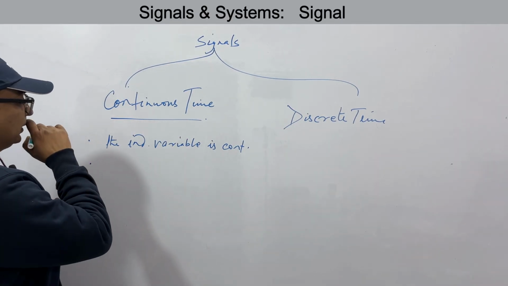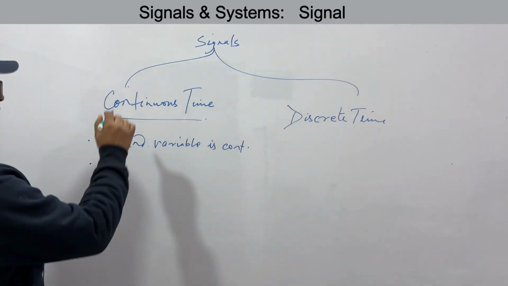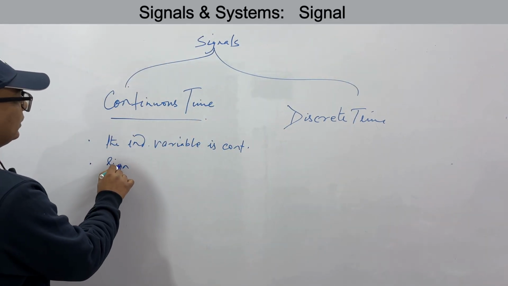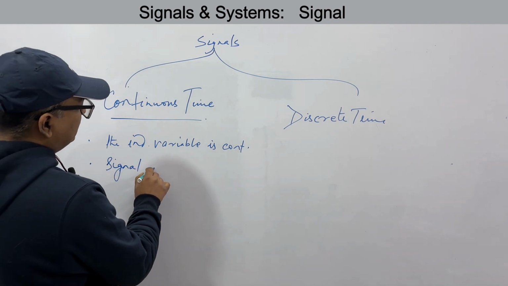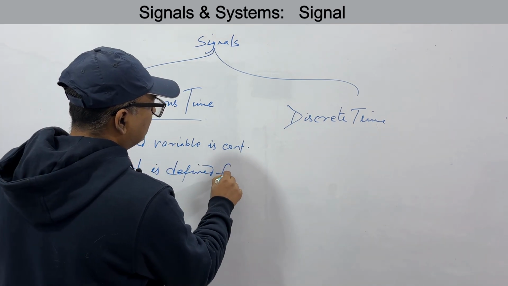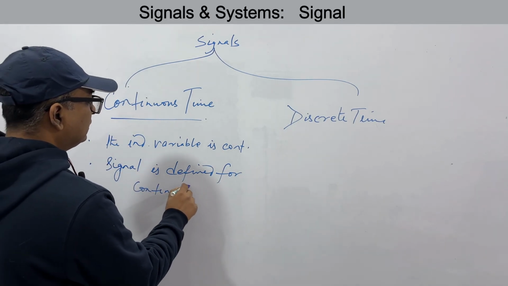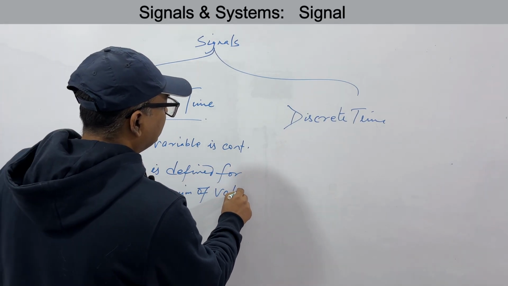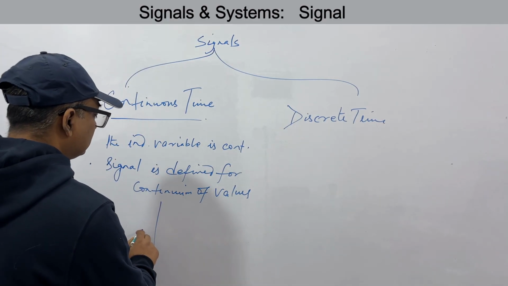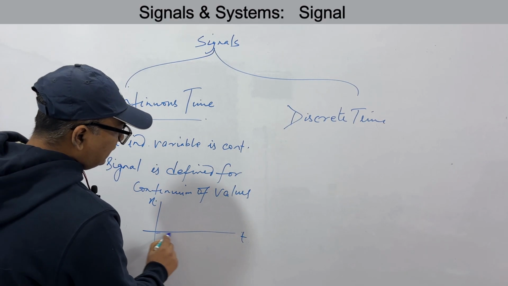Second, the signal that we are talking of is defined for a continuum of values. In short, if this is time and this is the signal, let's say x, then t is continuous.